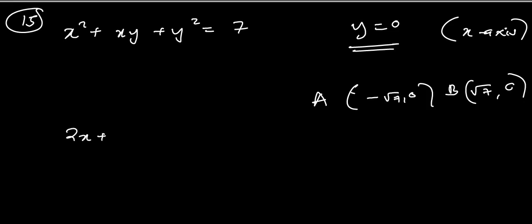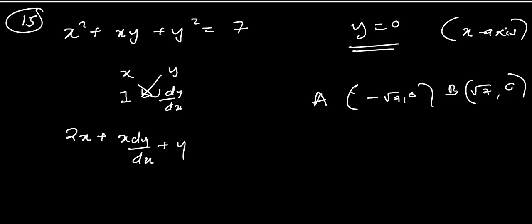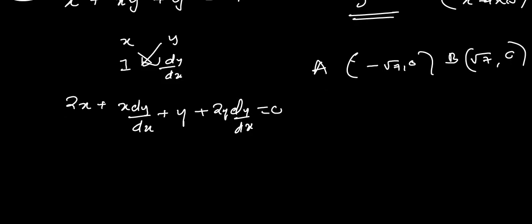We differentiate xy using the product rule: the derivative of x is 1, so that's 1 times y, then plus x times dy dx. Then plus 2y dy dx. Equate this to 0. And in this equation, we're going to plug in negative root 7 wherever there's x, and wherever there's y we put 0.